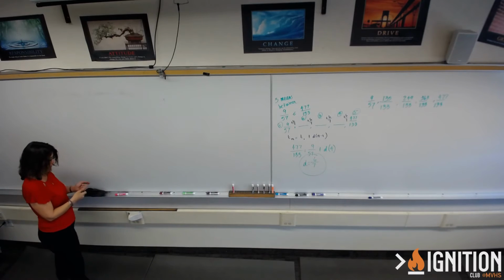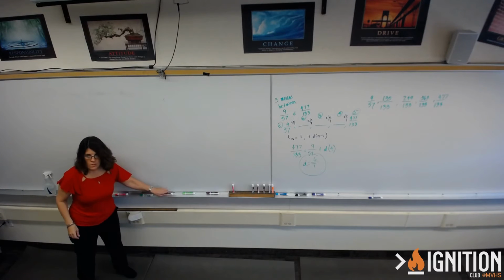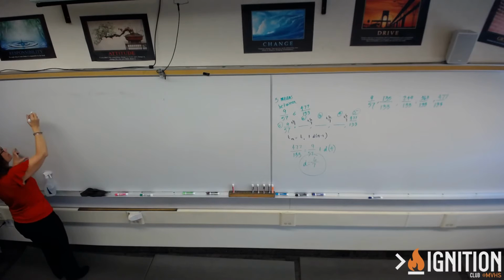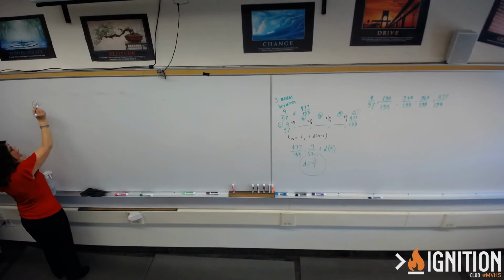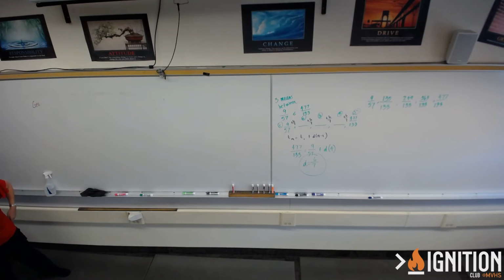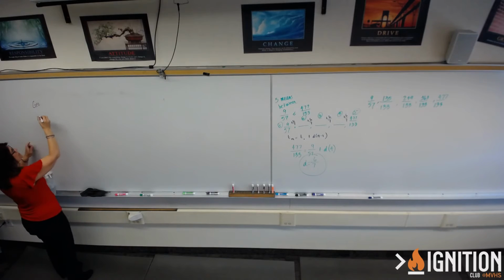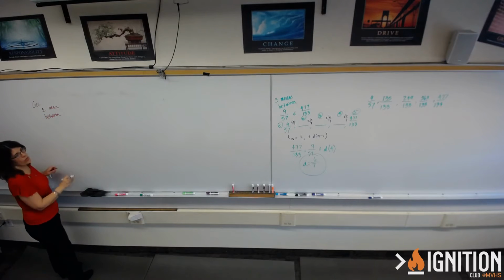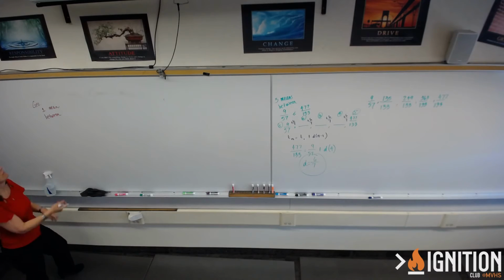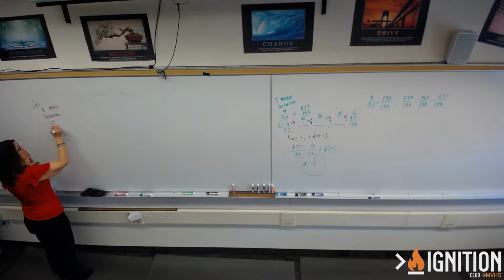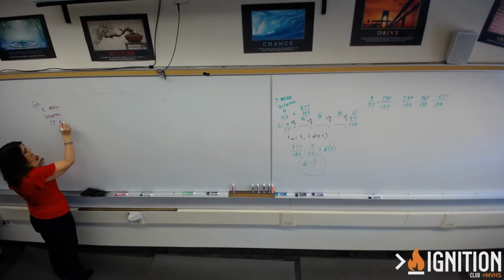Okay, so I'm going to tell you that it's geometric. The remaining problems are geometric, unless I tell you otherwise. So let's find one mean. How about between 17 and 98?